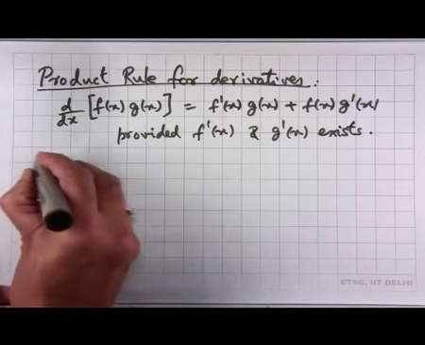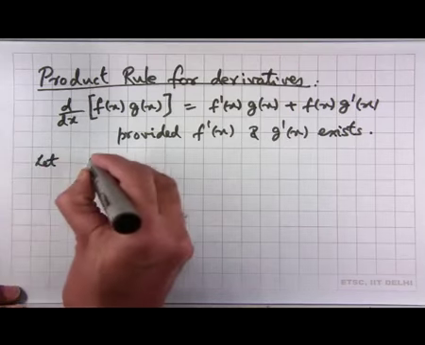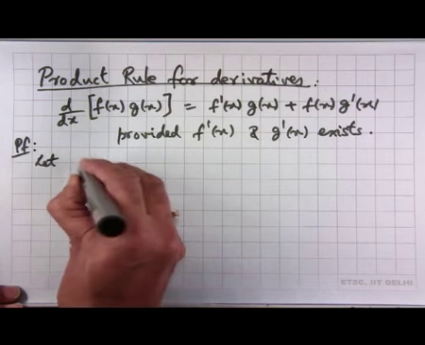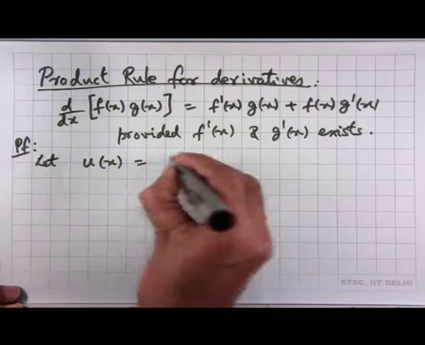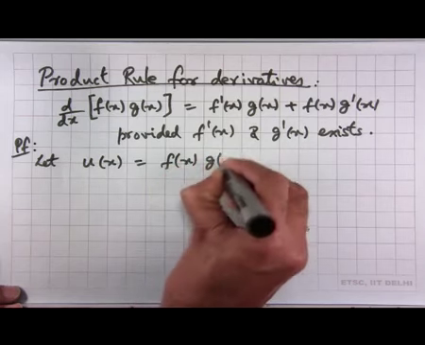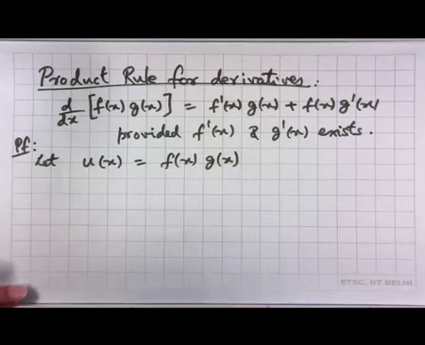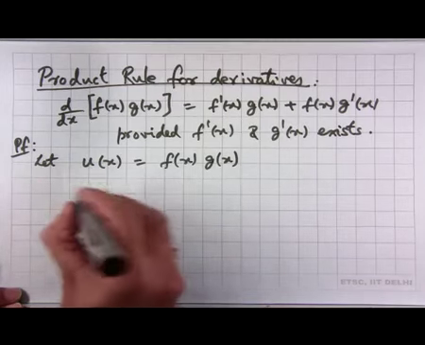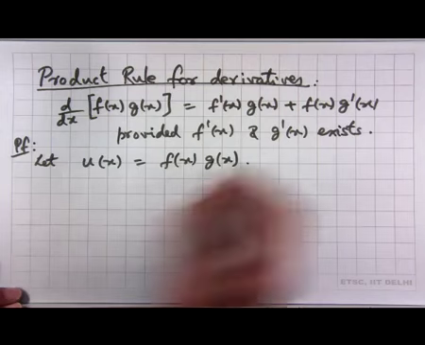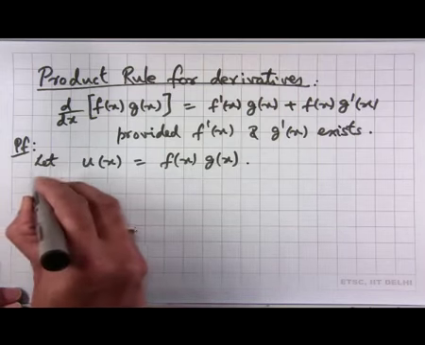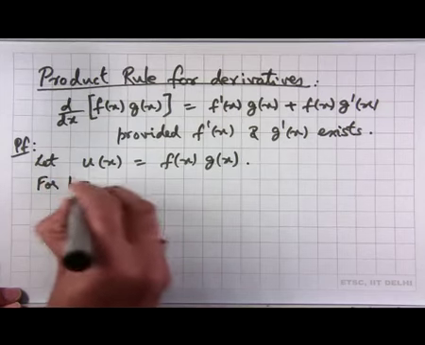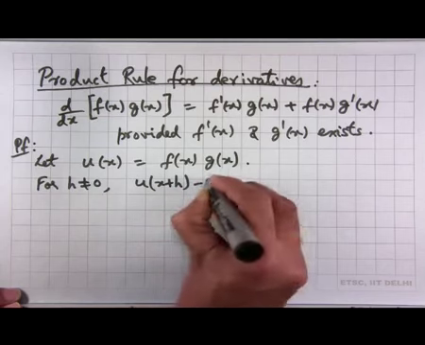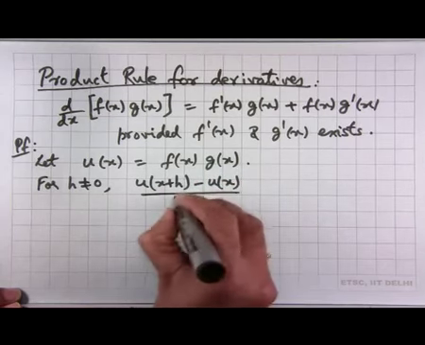So, let us write u of x equal to f x times g x. Then we have to look at, for any h non-zero, u of x plus h minus u of x divided by h.